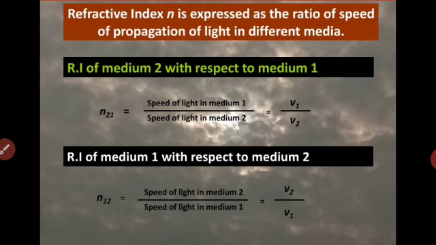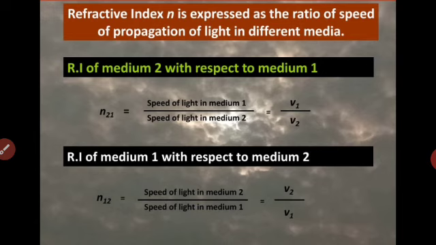If you want to write refractive index of medium 1 with respect to 2, then symbolically it will be n12 and it will be given by the ratio of speed of light in medium 2, that is V2, upon speed of light in medium 1, that is V1. This is how we can write the formula for refractive index for one medium with respect to another.